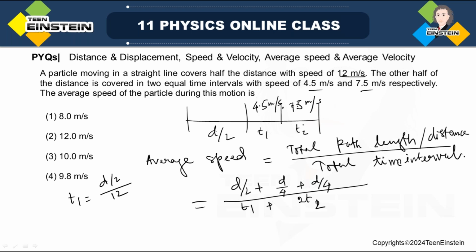Now look at this too. These velocities are given. The distance is d by 4.